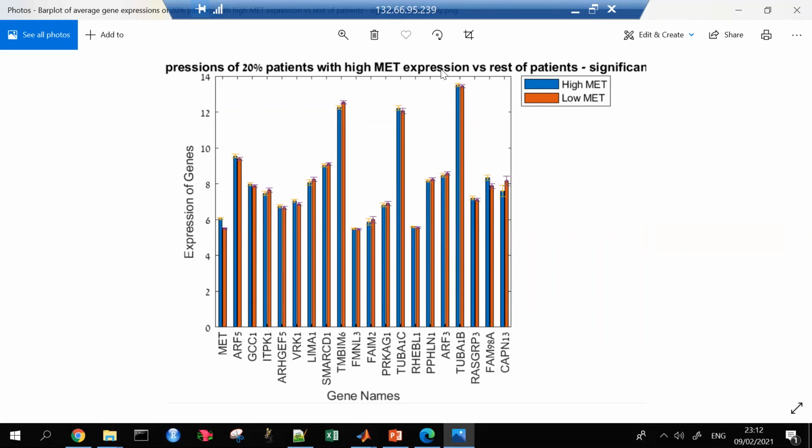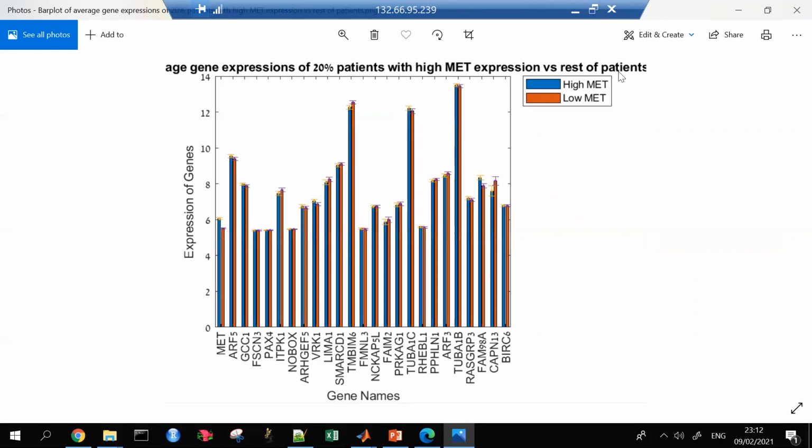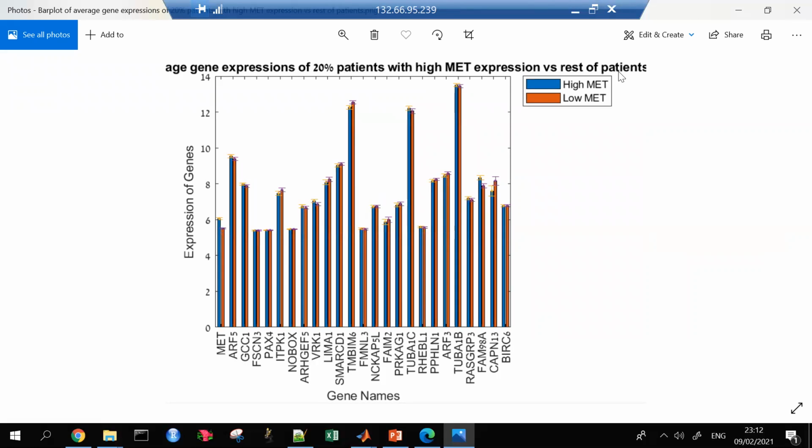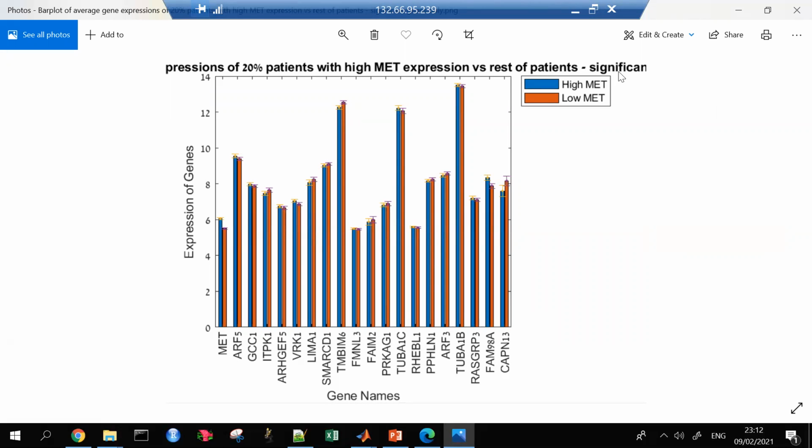I output a graph with only the significant genes, and I also have a graph with all the genes, and I'll explain what it means to be significant soon.